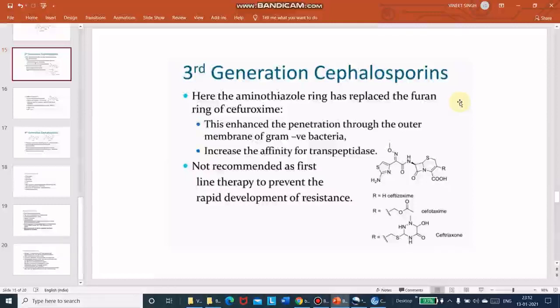This third generation is like ceftriaxone, cefotaxime, and ceftazidime. These are very potent drugs and highly susceptible to resistance. So these kinds of drugs should not be considered for the first line of treatment.